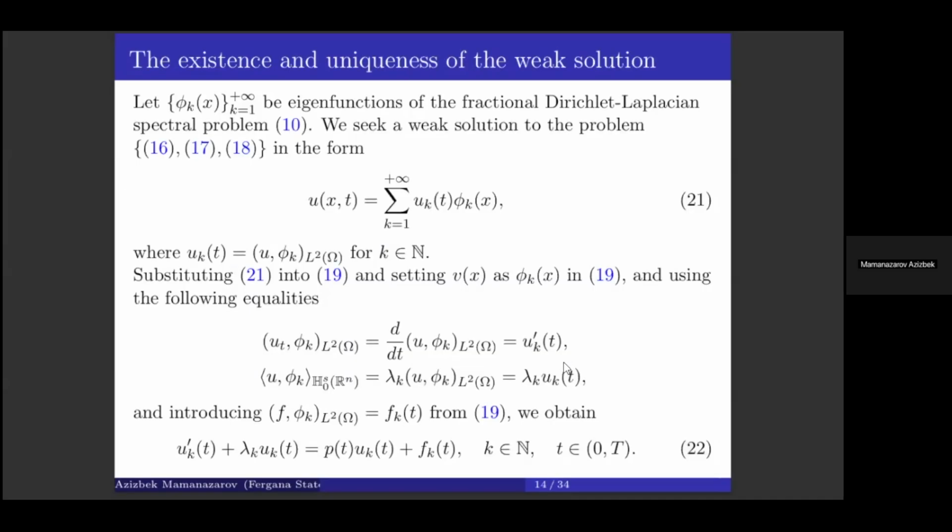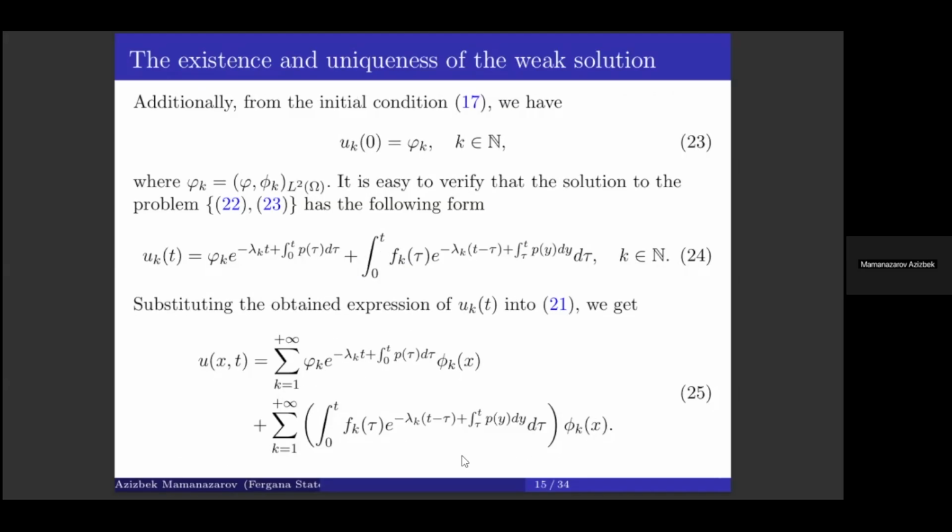Now we will go to the study of the inverse problem. We will seek a weak solution to the problem in this form. Here phi k of x are eigenfunctions of the fractional Dirichlet Laplacian spectral problem, and using these relations from our equation, we will have this type of ordinary differential equation with the following initial condition.